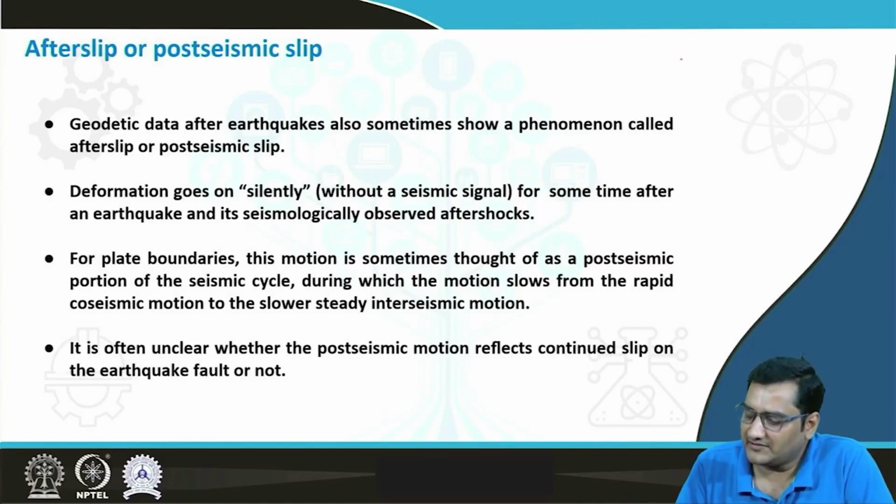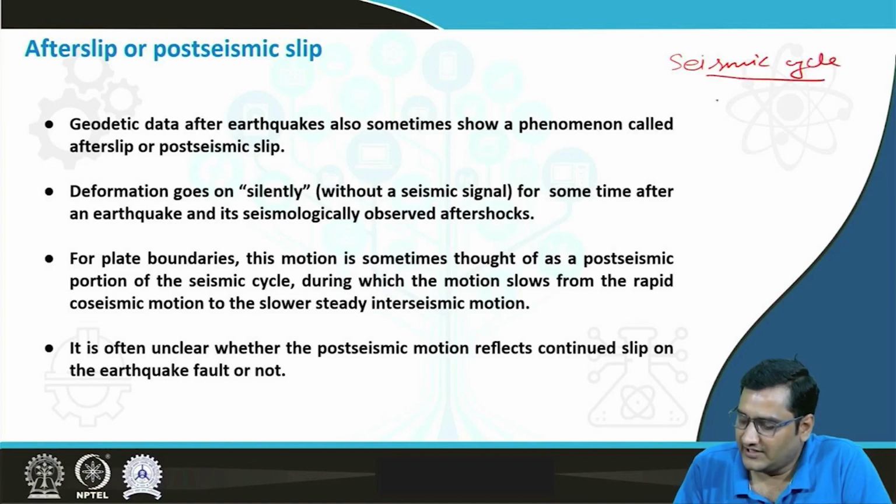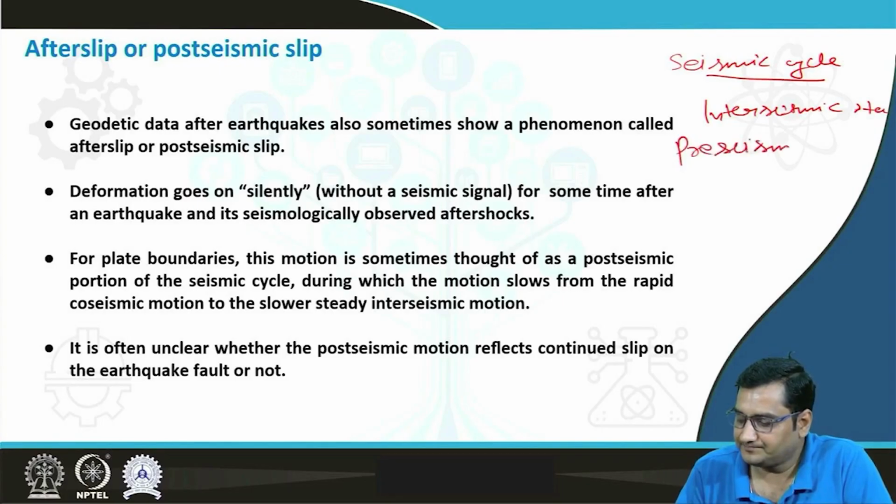If you remember the seismic cycle, there were 4 stages or phases. First was the interseismic stage. Second was the pre-seismic stage. In the pre-seismic stage, the foreshocks happen, and then there was the co-seismic phase.